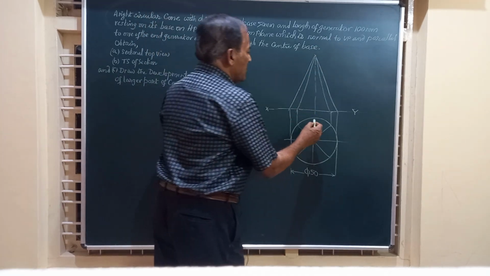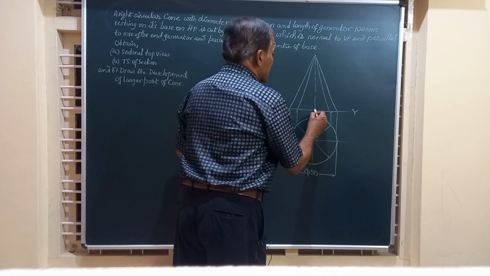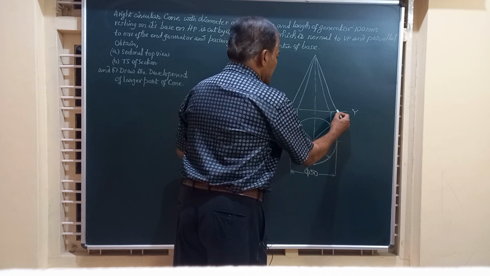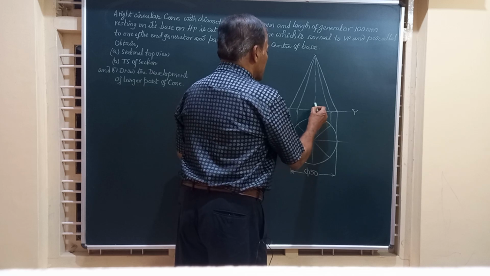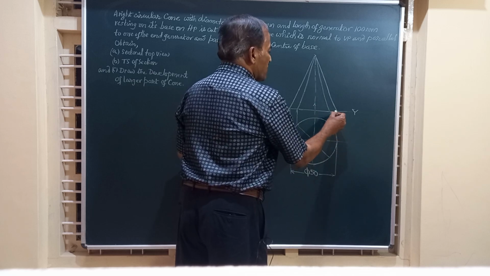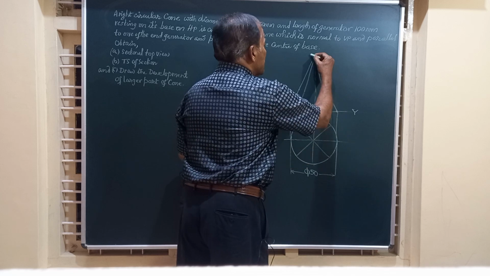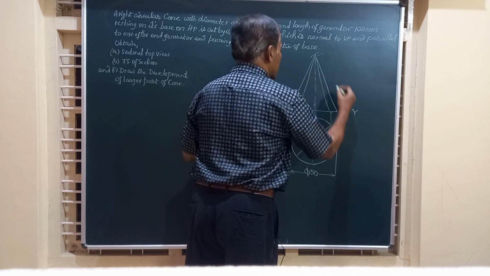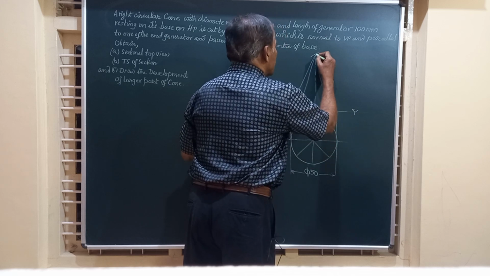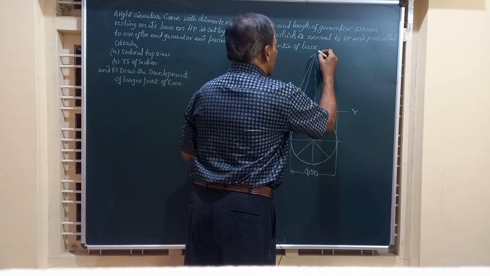So friends, here you know this point, and we can locate these two end points. Draw a vertical line through this, then taking this point as the center and radius equal to 100 millimeter, you just draw an arc. So you will get this point O, the apex of the cone.